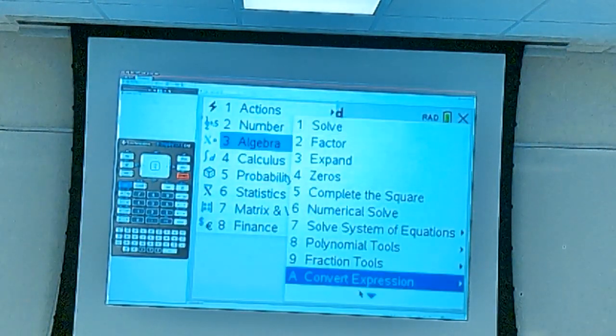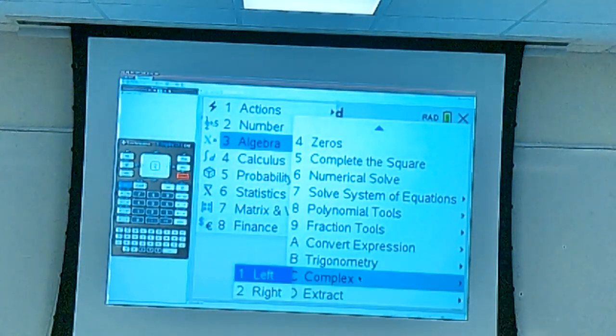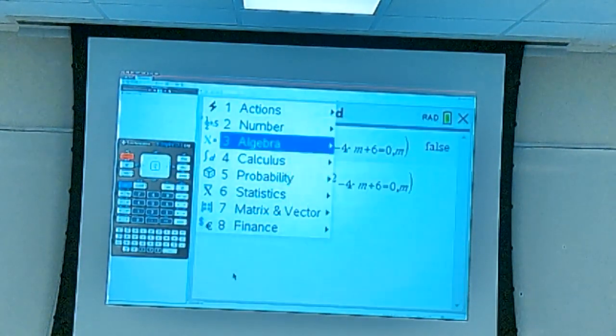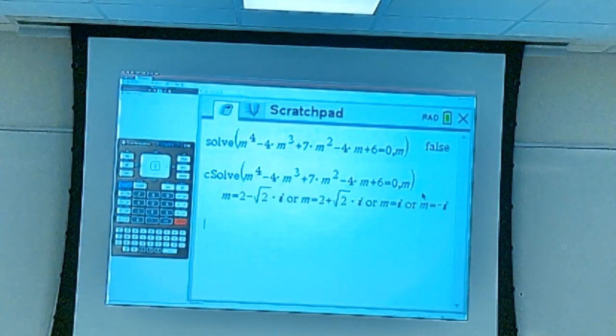I'm pretty sure it's already on the bottom for complex. You just click C though. Complex and then solve. It'll give you the C solve. And then gives you your solutions. And Wolfram, you don't have to worry about that.